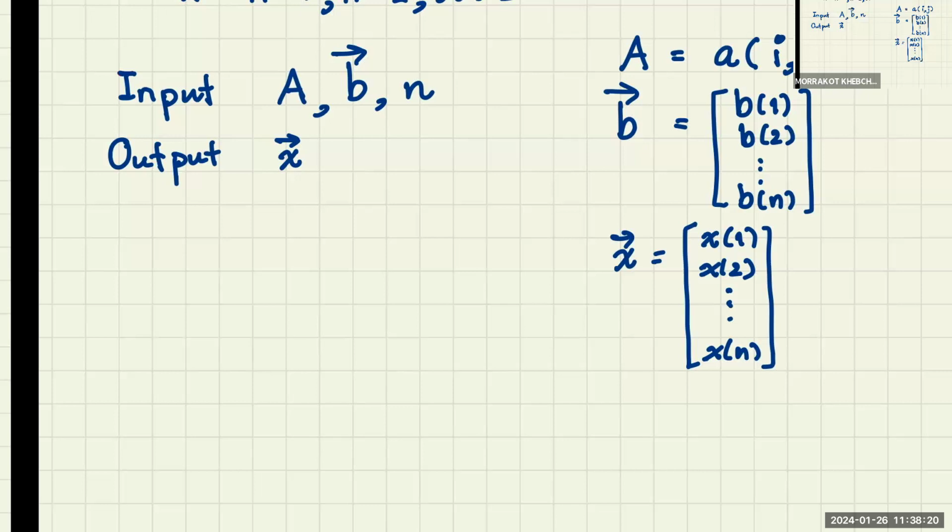So for the input here, instead of the dense matrix A, since you have the pattern of an upper triangular matrix, instead of using A, I use U.